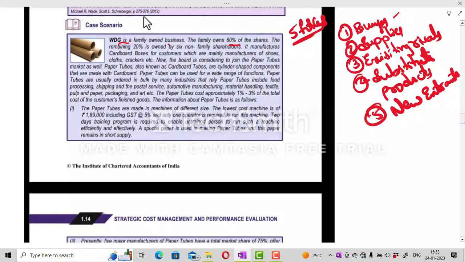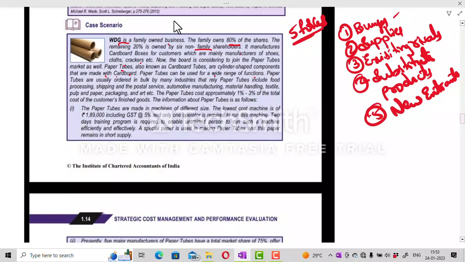And first, they have given the family shares, which is irrelevant, and it manufactures cardboard boxes for customers, who are mainly manufacturers of shoes, cloth, and crackers. Now, the board is considering joining the paper tubes market as well. Paper tubes, also known as cardboard tubes, are cylindrical shaped components that are made with cardboard. Paper tubes can be used for a wide range of functions.